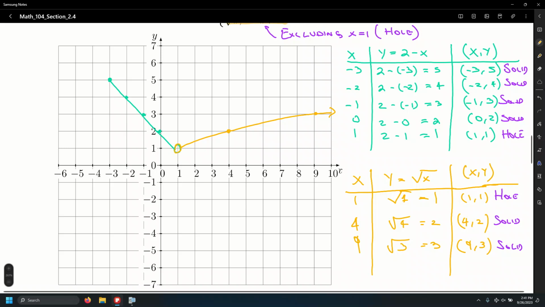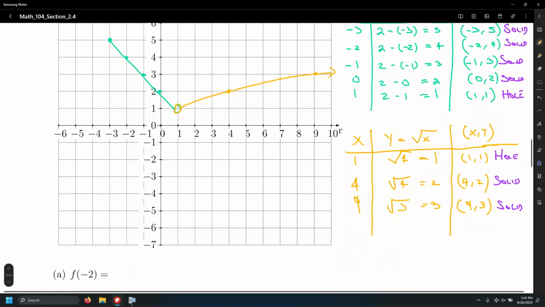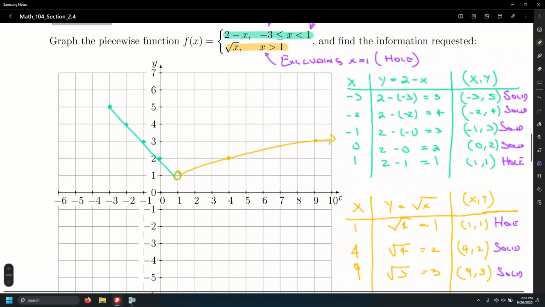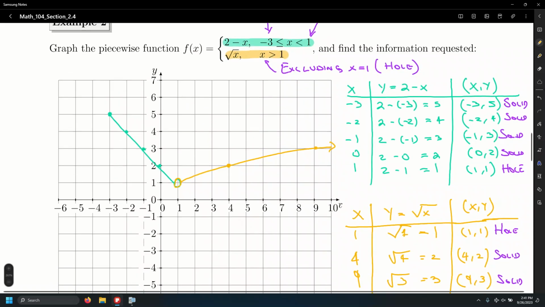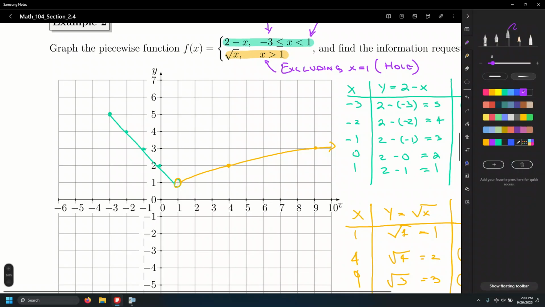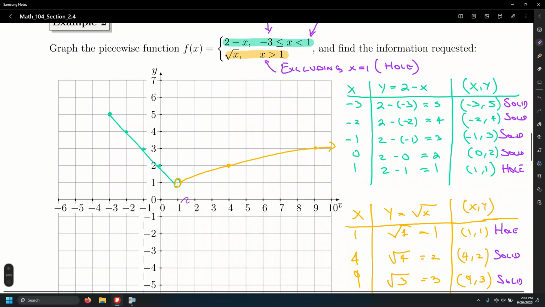That's one linear part and one radical part. All right, now let's answer some of the questions. So here, you can think of a borderline value. If the number is greater than 1, that is admitted in the yellow section.